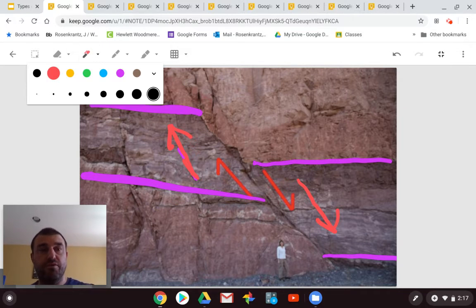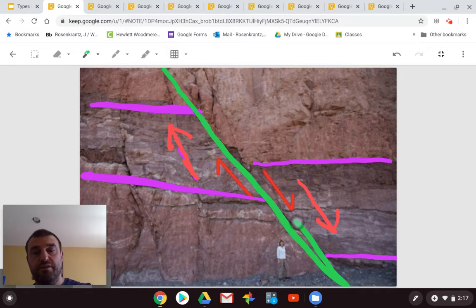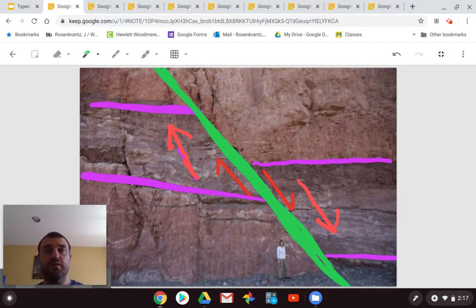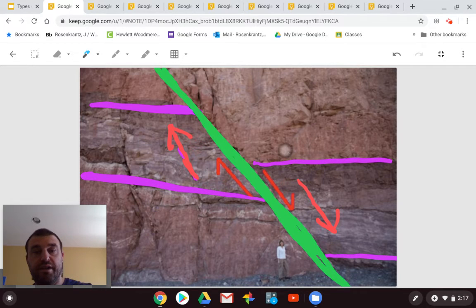And let me make my fault green here. And this is the fault line cutting through the rock layers. And this is what I mean by an obtuse angle, greater than 90.